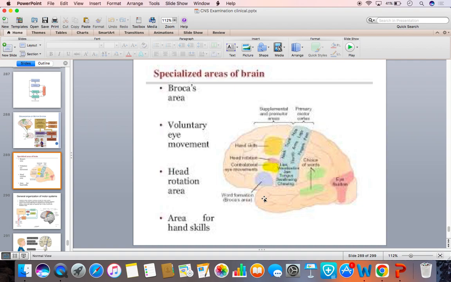Then there are specialized motor areas in the brain, like Broca's area, the center for voluntary movements, the center for head rotation, and the area for hand skills. These are all located in the premotor area, because they bring about the motor functions.